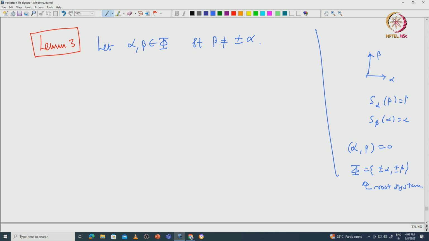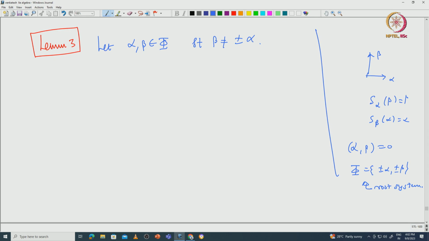In this case we can't conclude whether we will be able to add or subtract. There is a possibility of adding, and we will see some examples later. Even orthogonal roots can be added to get roots, but we want to conclude something concrete.